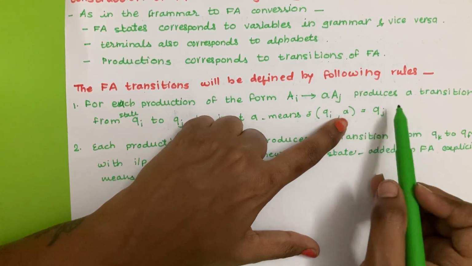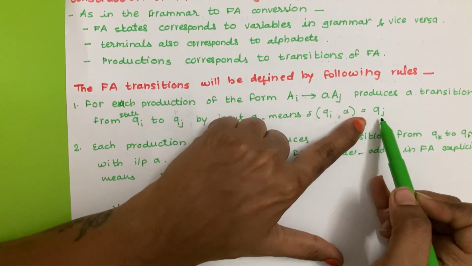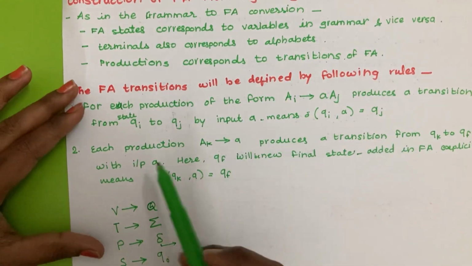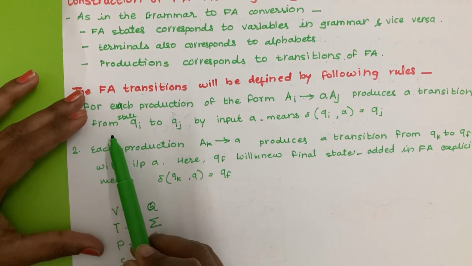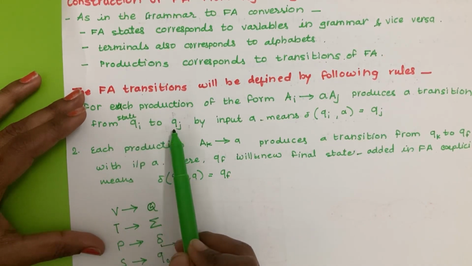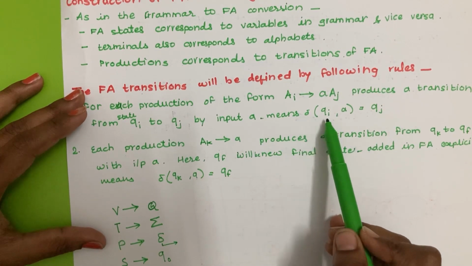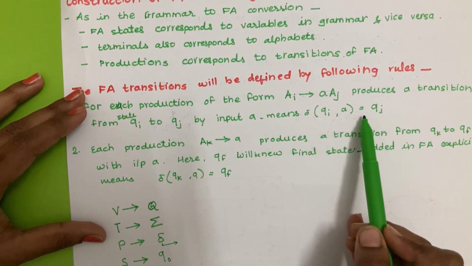The resultant output will be the state qj that corresponds to variable Aj. So if we have a transition from qi to qj by taking input a, that will be written as delta of qi comma a is equal to qj.